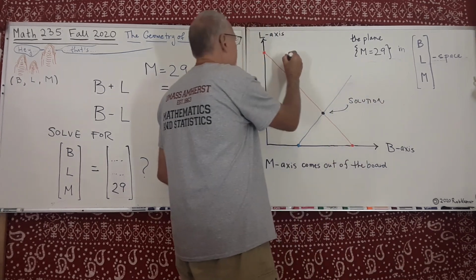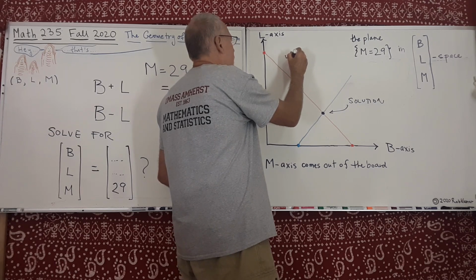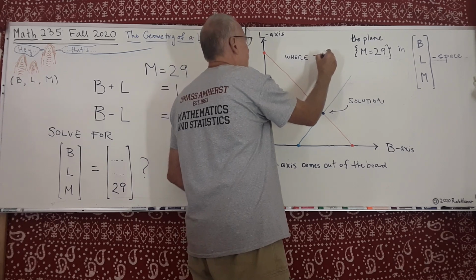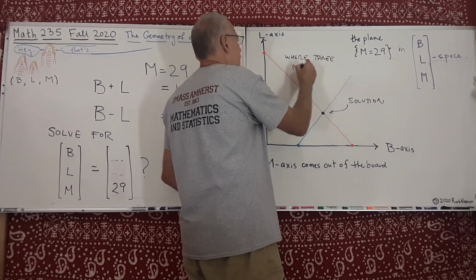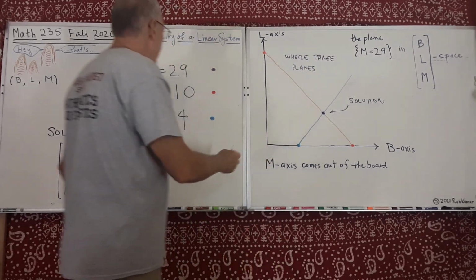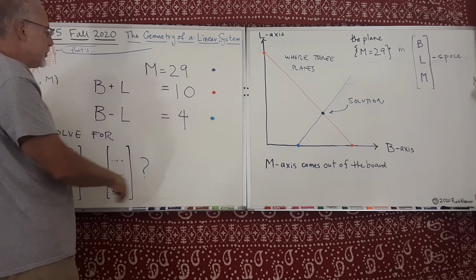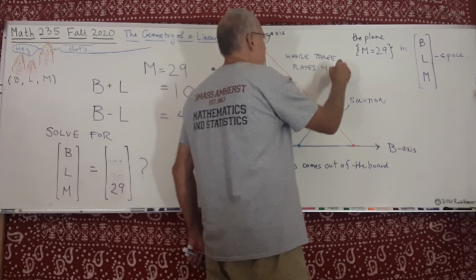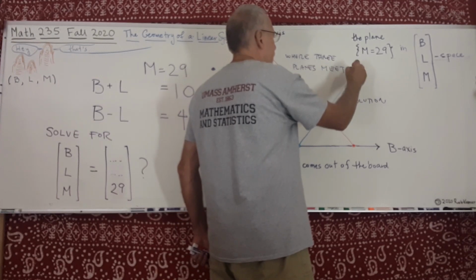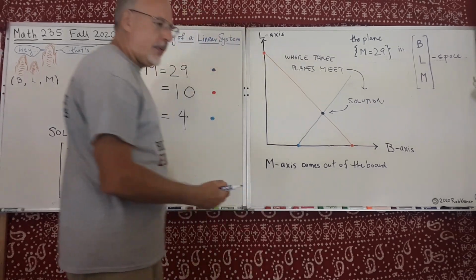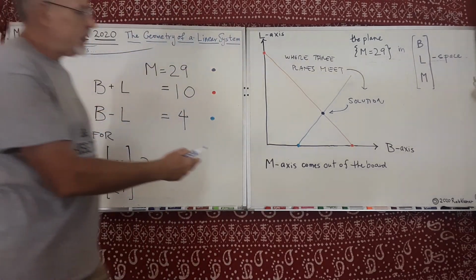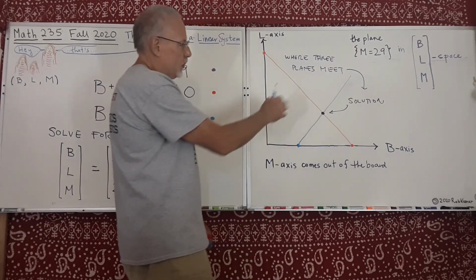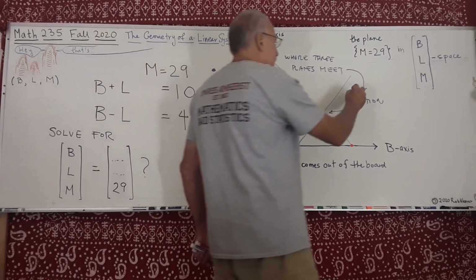It's the intersection of the three planes: the plane defined by m equals 29, the plane defined by b plus l equals 10, the plane defined by b minus l equals 4, where those three planes meet. So that's the solution. And these lines meet perpendicularly and they're coming out perpendicular to the whiteboard plane, so it's a unique solution.